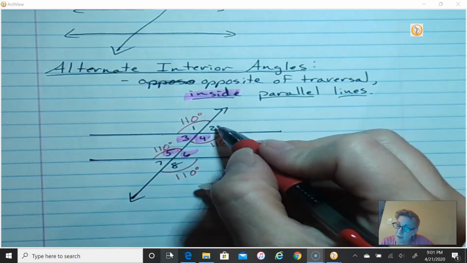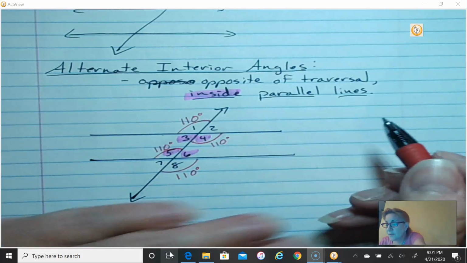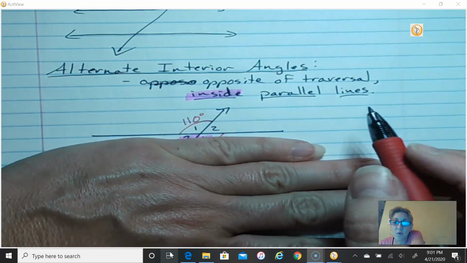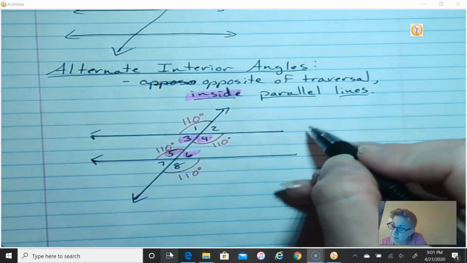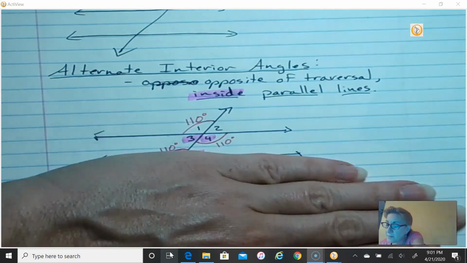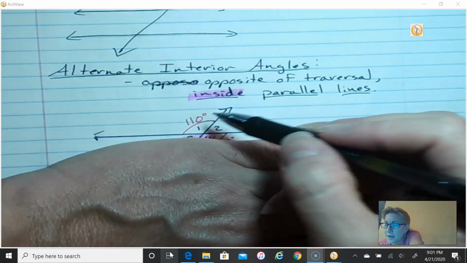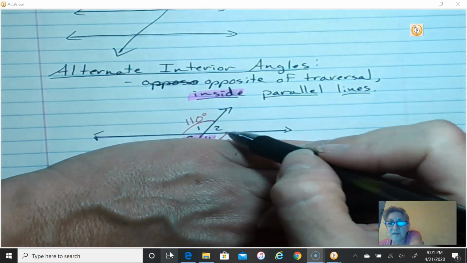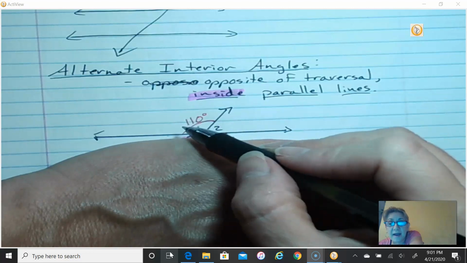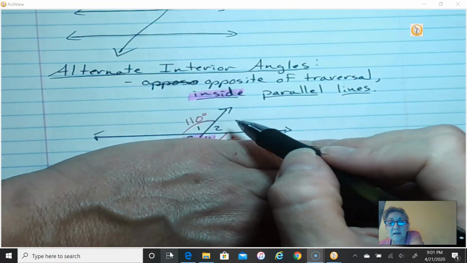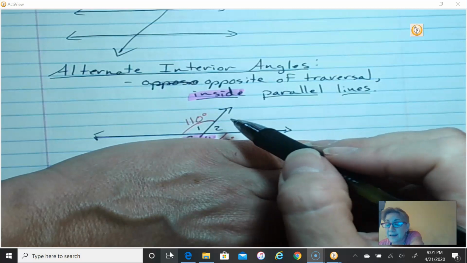Also, let's try to find 2. Cover that up. Oh my goodness, I did not put arrows on here. All right. If I cover this up, angle 1 and 2 form a straight line, so they're supplementary. If you add their measurements up, what do you get? 180.